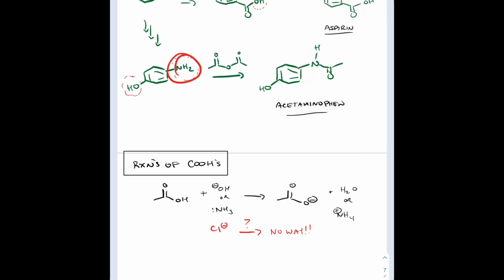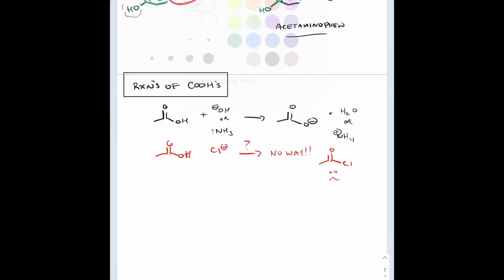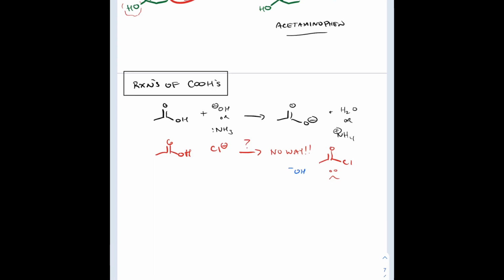And when it comes to chlorides being good nucleophiles in SN1 and SN2 reactions, that worked out great, but when it comes to acyl substitution, it was a different story. Chlorides are terrible nucleophiles, and that's because they are going to be such good leaving groups.